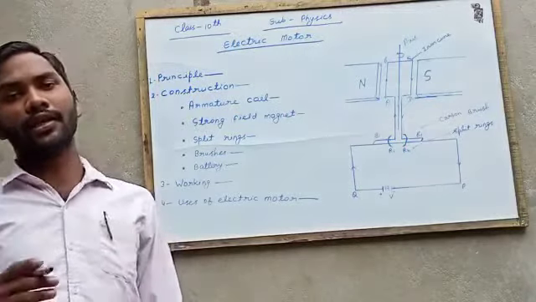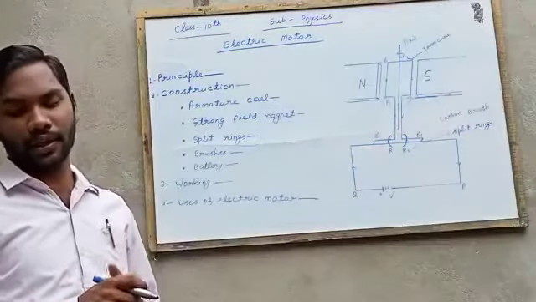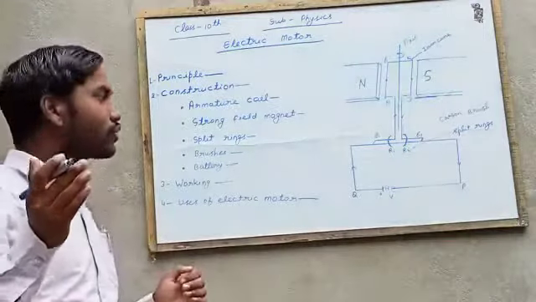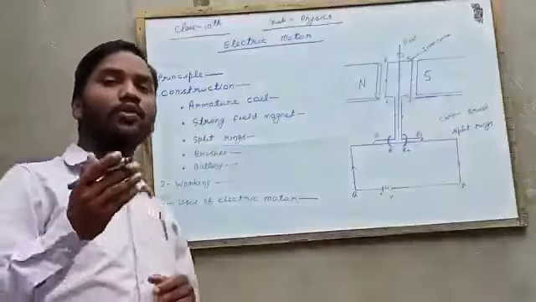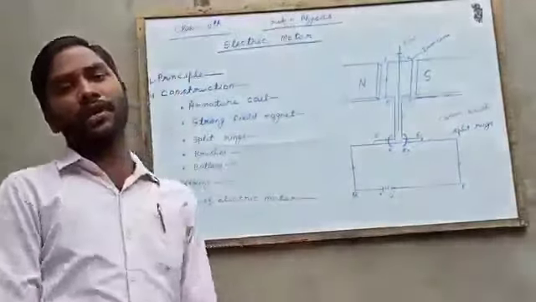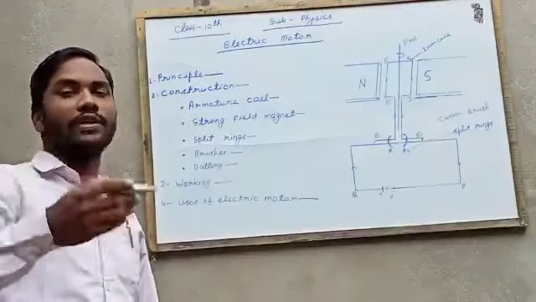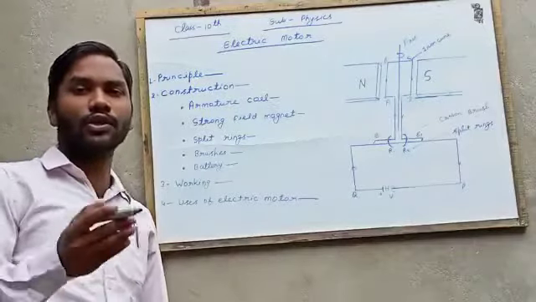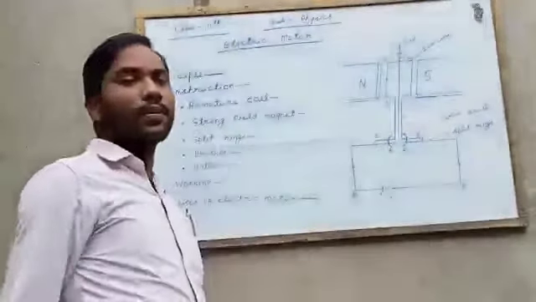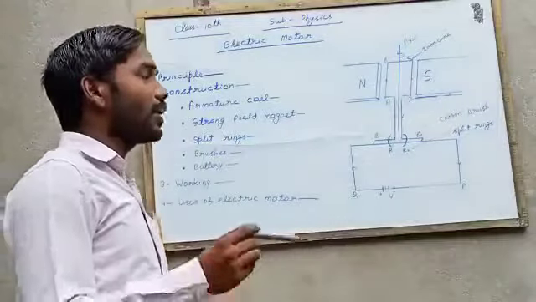When electric current is passed through a rectangular coil in a magnetic field, at right angle to the magnetic field, a force which is perpendicular to both the rectangular coil and magnetic field acts on it and rotates the coil. So this is the principle. Electric motor works on the principle of force experienced in a magnetic field by a current carrying conductor.